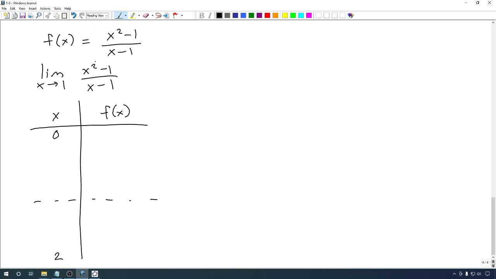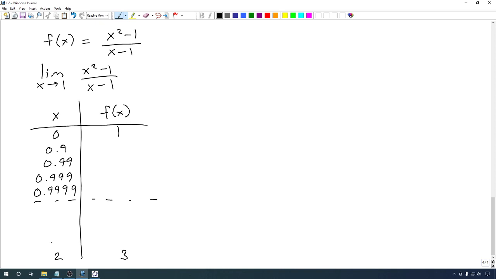If I plug in 0 into this function, we'll have to do a little bit more work than just squaring it like we did before. But it shouldn't be too hard to see that we just get negative 1 over negative 1, and we get 1. For 2, we have 4 minus 1, so we get a 3 on top, but a 1 on the bottom. So we end up with a 3. If we get closer, and I just used a calculator for this, I took 0.9, 0.99, 0.999, and 0.9999.